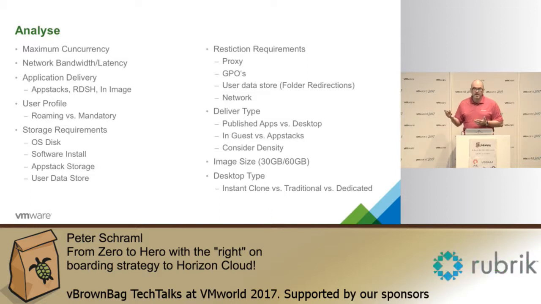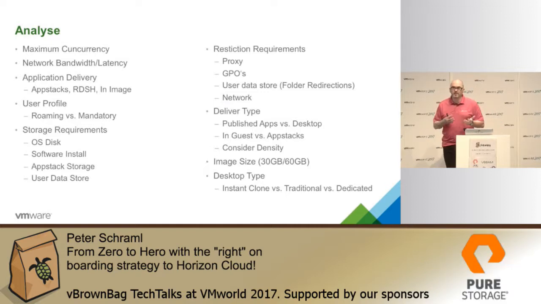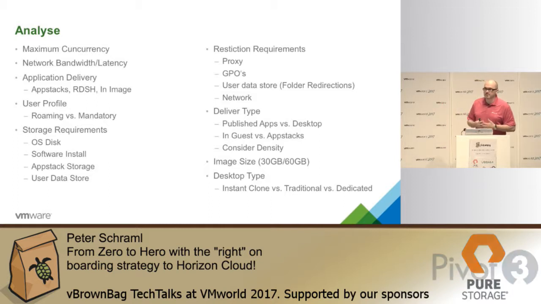And then the delivery type. Are you going for a published application versus a published desktop, or versus a desktop? And then you have the flavors of full clone and instant clone, and instant clone is obviously the choice you should take, because it gives you much more flexibility.